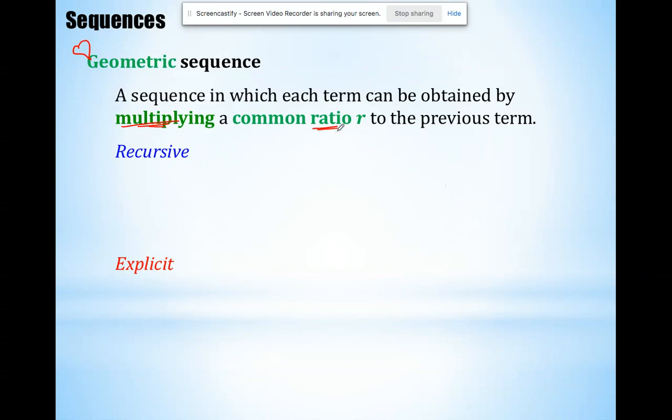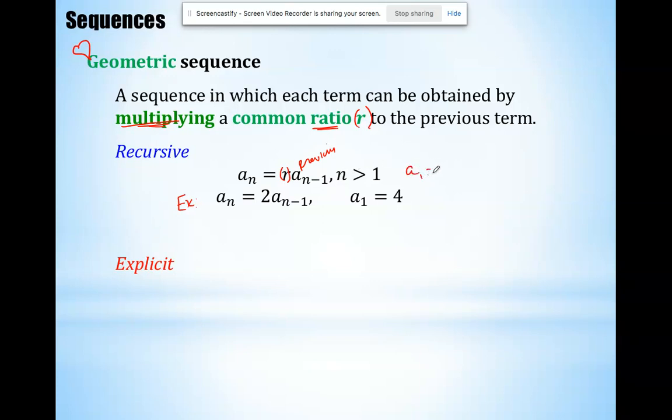And remember, ratio is a fraction, and fraction is dividing. The recursive rule for any geometric sequence is to get the next term, you take your common ratio times the previous term. You start with n greater than 1 because someone has to tell you what a sub 1 is equal to.